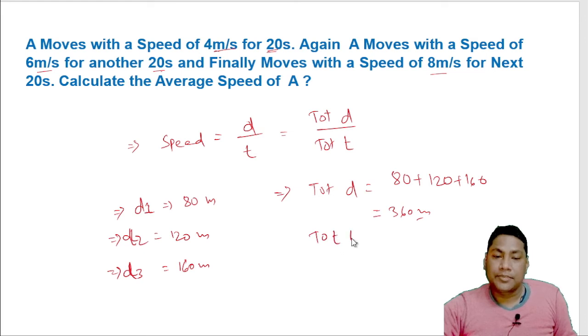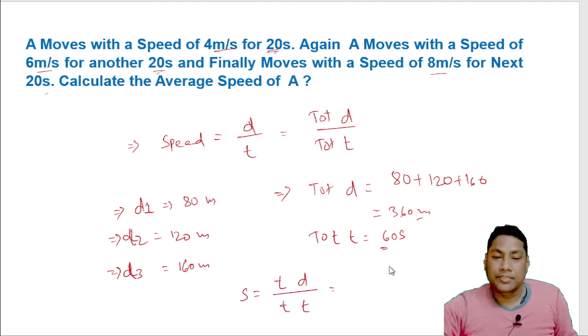And total time is 20 seconds, for the second time 20, and for the third time also 20. Total time is 60 seconds. So friends, we know the formula of speed is total distance by total time.